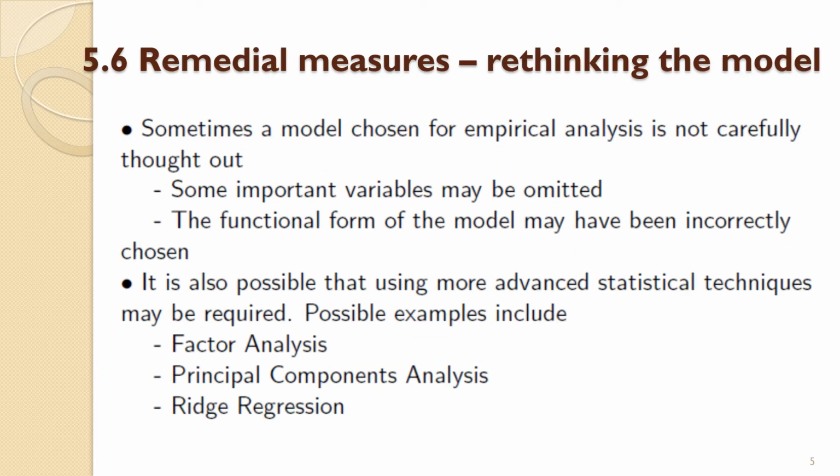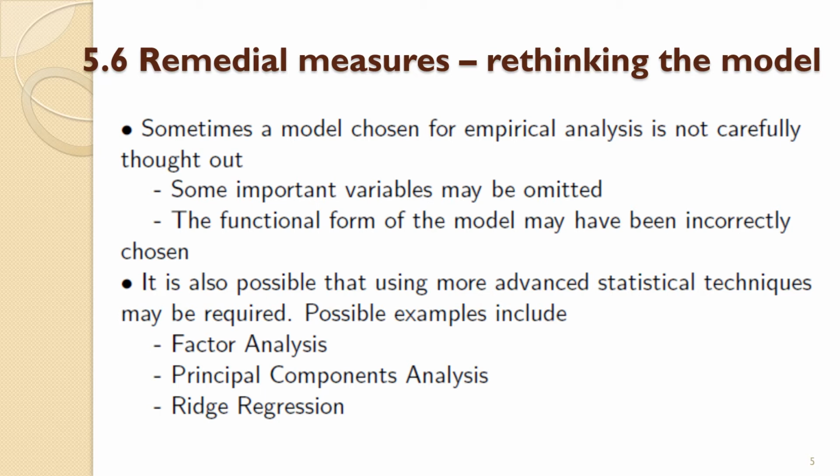So another option is to just rethink the model, and I think the major thing to take home from this, if you're going to study a MSc dissertation, is to try and make sure as much as possible that the steps you undertake in the analysis are linked to previous published research.